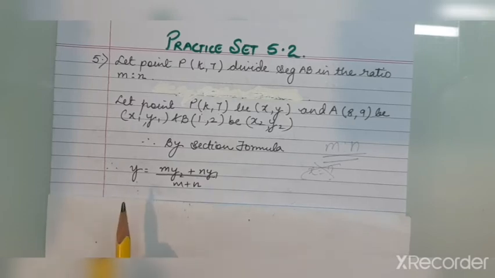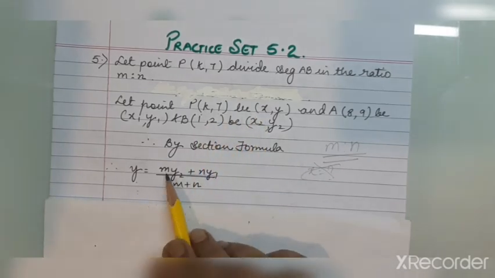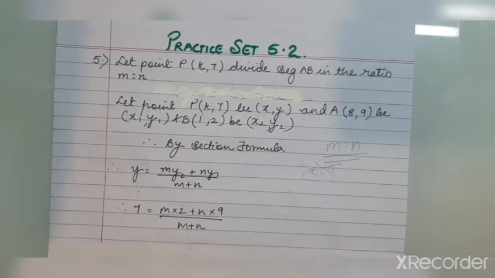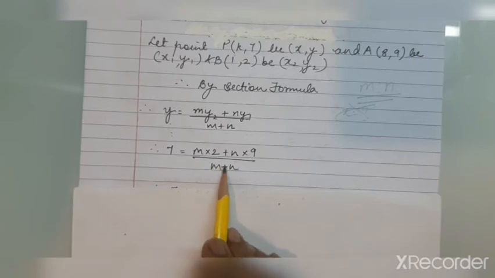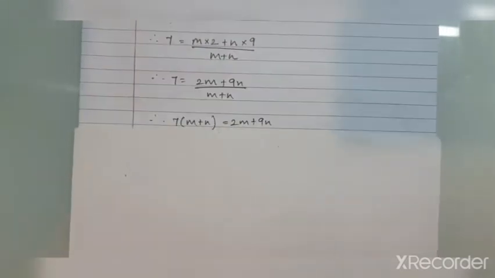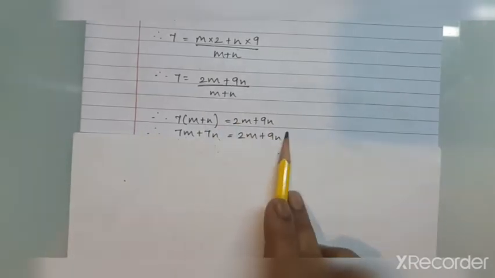In the earlier sum, when I solved one sum, I started with x, because there I knew the x coordinate. So here y is equal to (m y2 plus n y1) upon (m plus n). Then we substitute. y is 7, m we don't know, n we don't know, so this becomes (2m plus 9n) upon (m plus n). This we shift to the other side, so it becomes 7 multiplied by (m plus n) equal to 2m plus 9n.